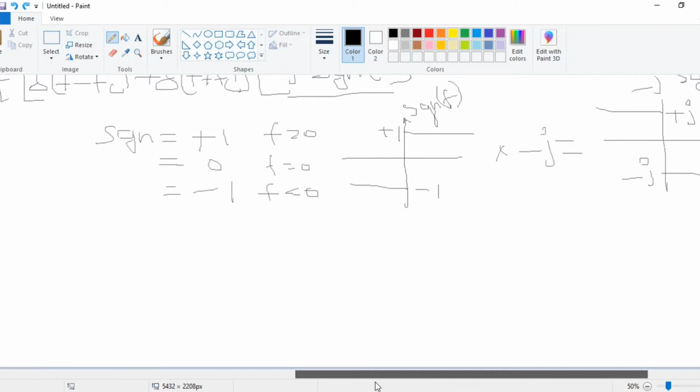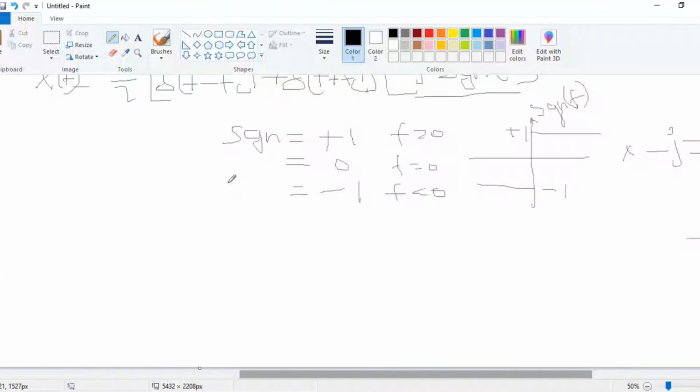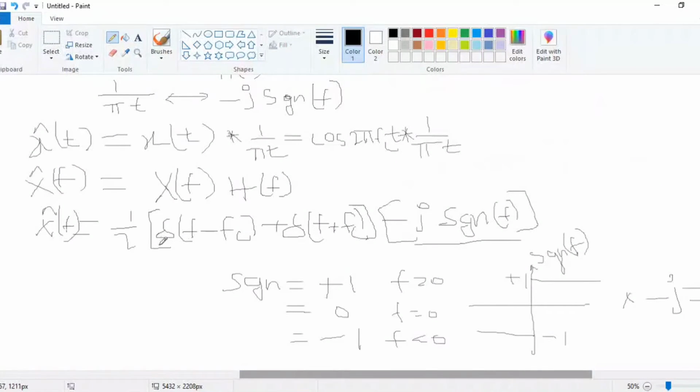So now what do I have to do? This signal should get multiplied with what? How will you represent this X of f? X of f is nothing but 1/2 [delta of (f minus fc) plus delta of (f plus fc)], right?